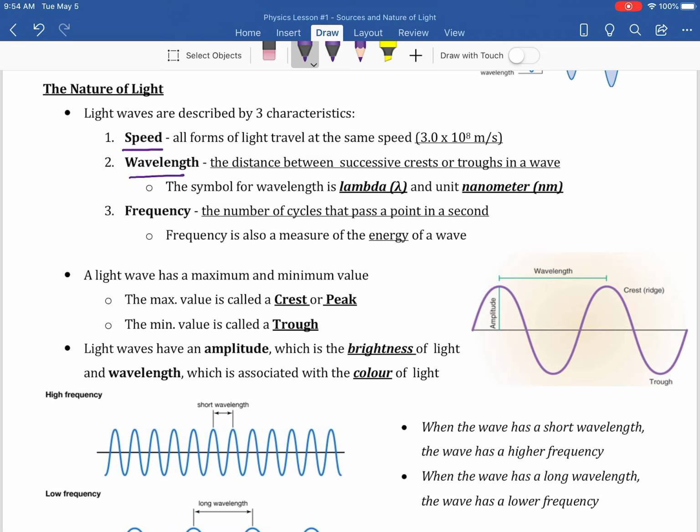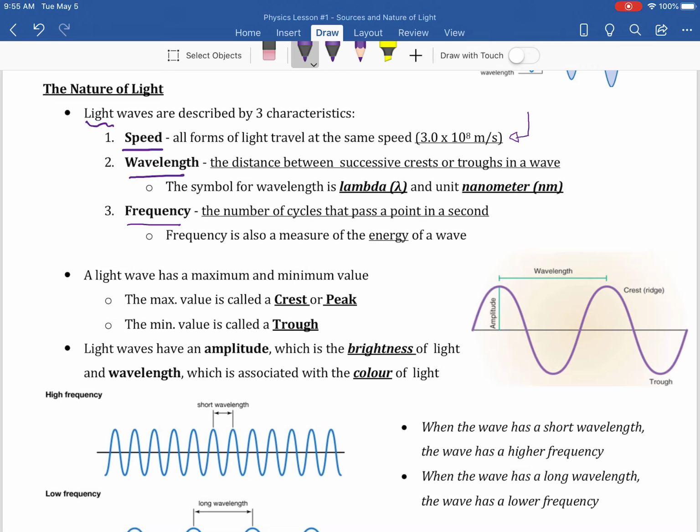Speed, wavelength, and frequency. So when we're talking about light waves specifically, okay, the speed is the same. This is not always the case for every kind of wave, but since this is our unit of light, let's just deal with light, okay? So light travels at that special number, 3.0 times 10 to the power 8 meters per second.